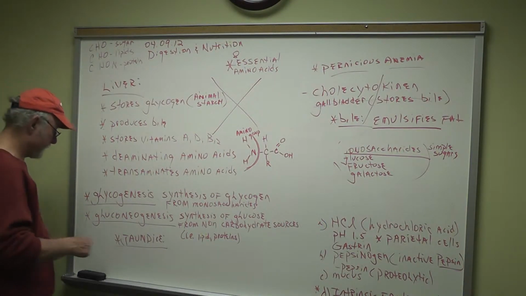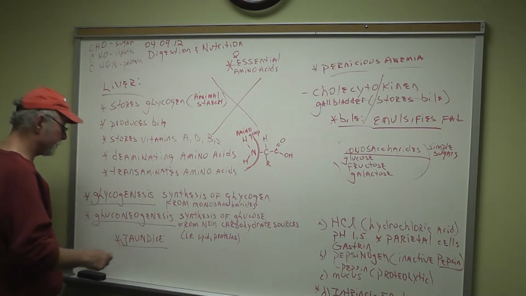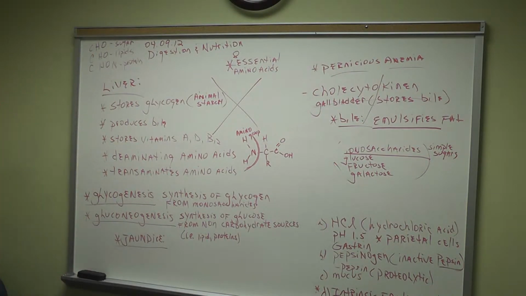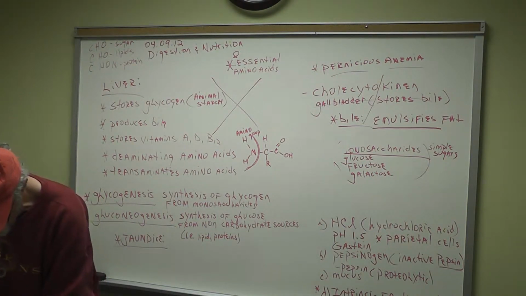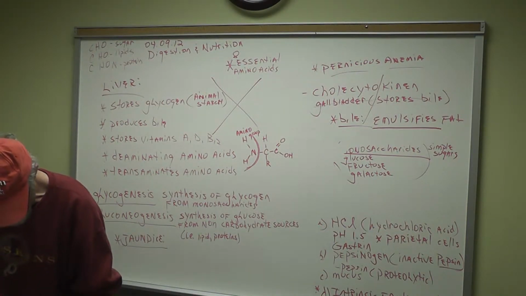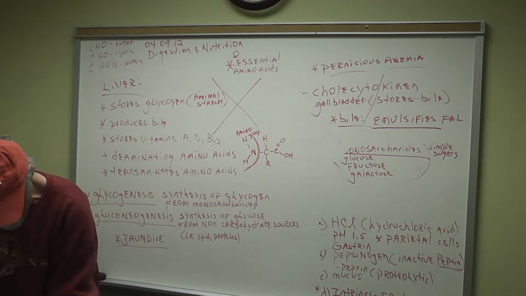So just know that jaundice is an accumulation of this bilirubin in the tissue and gives you this yellowish appearance. Anything else I want to say about that? No. All right, regulation of bile release, bile salts.